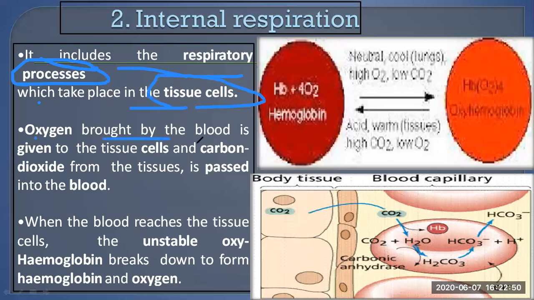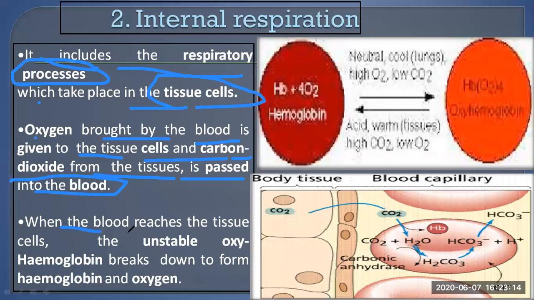Oxygen brought by the blood is given to the tissue cells, while carbon dioxide from the tissue is passed into the blood. The CO2 released from the tissue is taken in by the blood capillaries, and the blood provides oxygen to the tissue, because tissues perform aerobic respiration and release CO2 molecules.